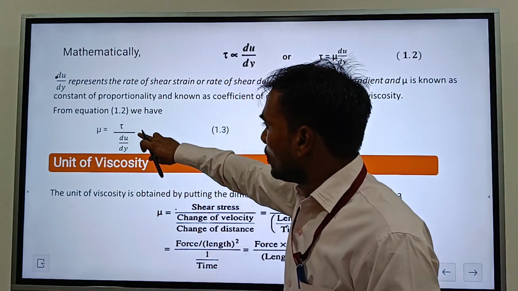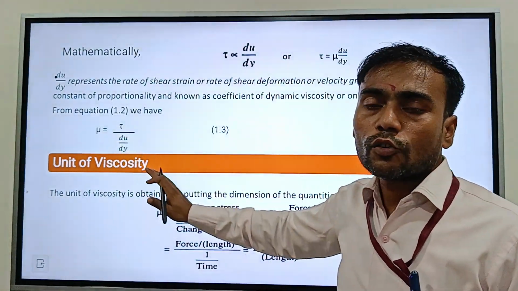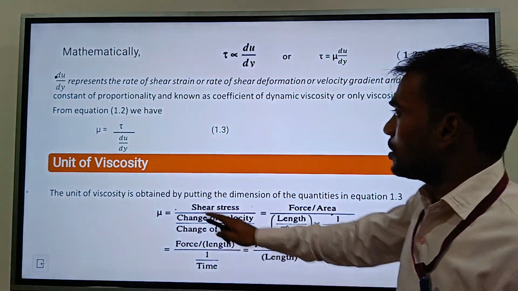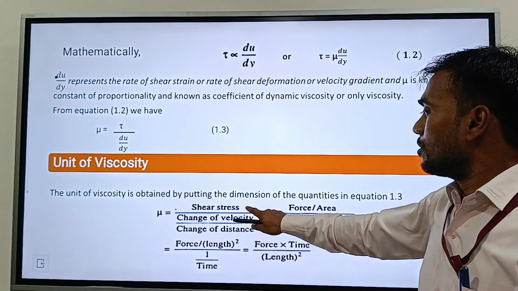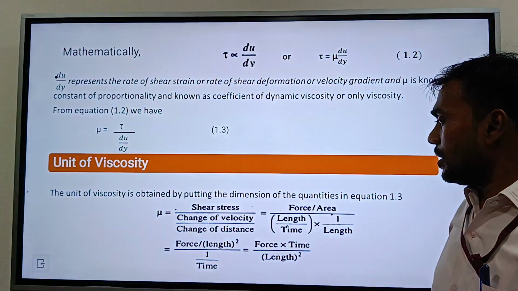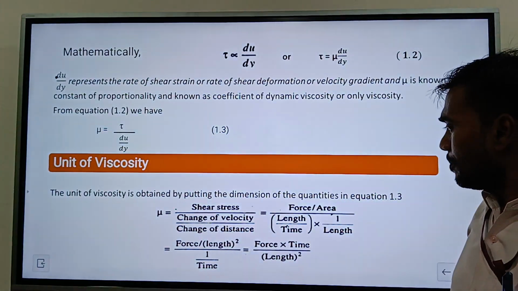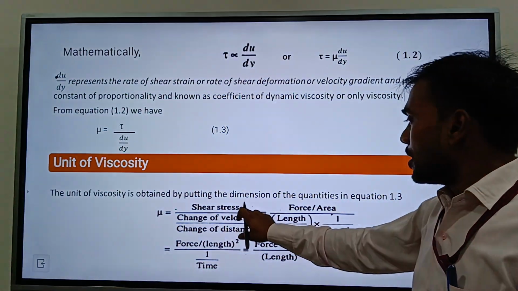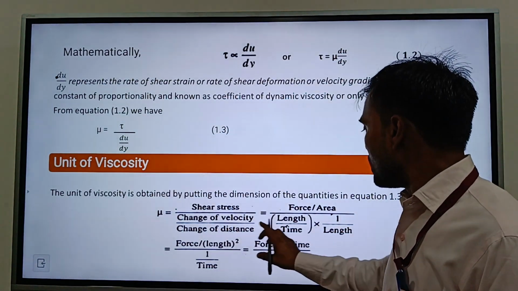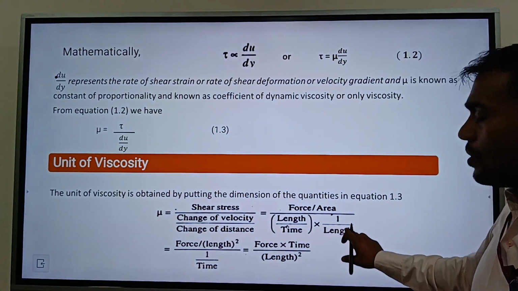Okay, so what will be the unit of viscosity? If you put in the units of these two parameters, then the final unit of the coefficient of viscosity can be calculated. For example, tau is the shear stress, and du by dy means change of velocity over change of distance. Shear stress is basically force divided by area, and change of velocity means length divided by time, into change of distance, which is 1 by length.